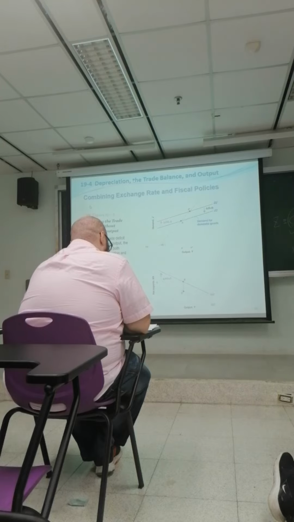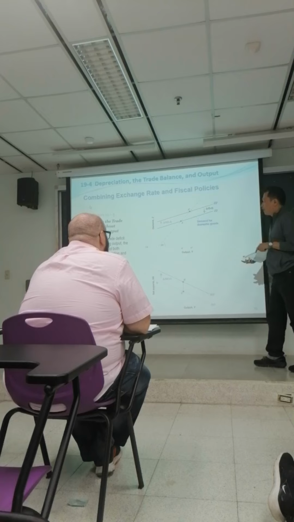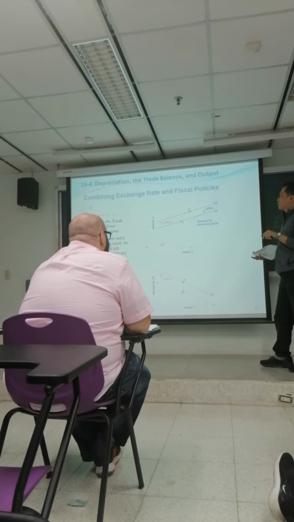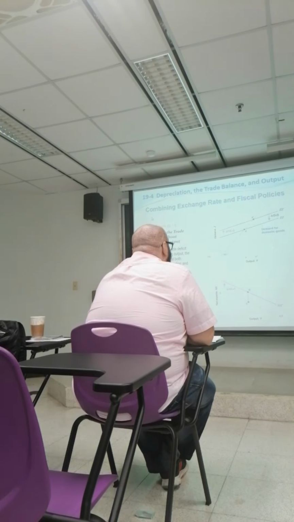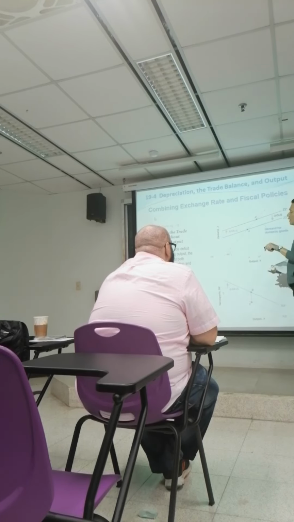That is the exchange rate policy. So if epsilon falls, then NX will rise, right? So the ZZ line will shift up. So the trade balance or NX line will shift up. Okay? And because we hope that Y won't be affected, Y remains at this level.